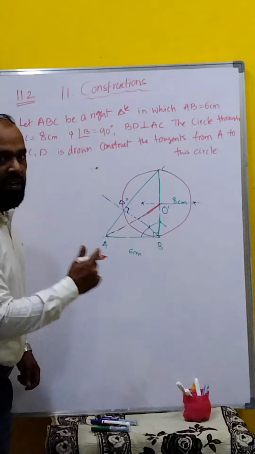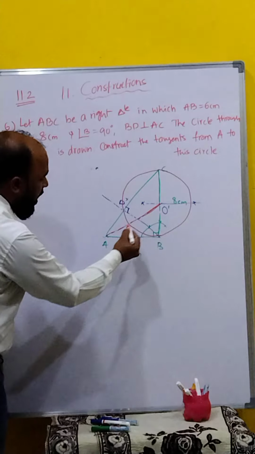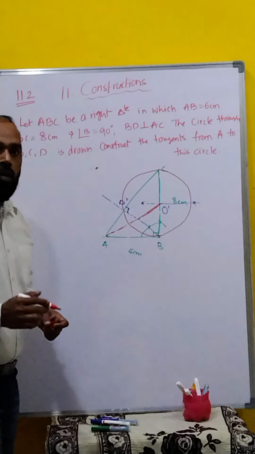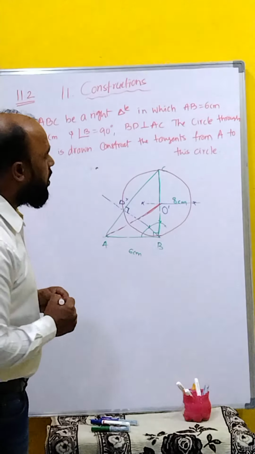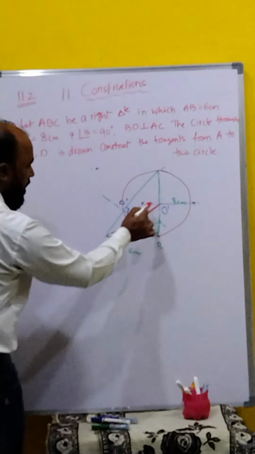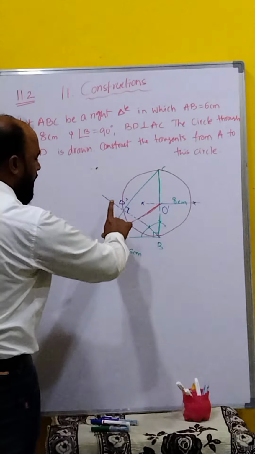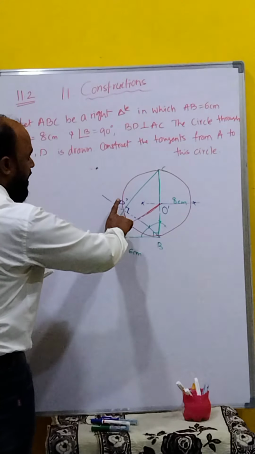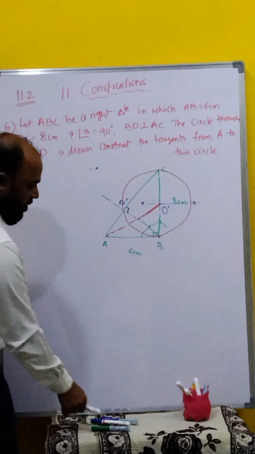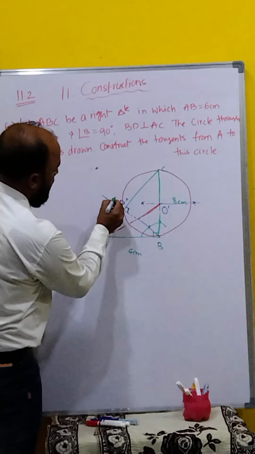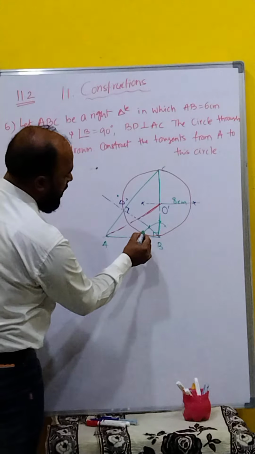After the circle, next we join O dash A. Now draw the perpendicular bisector of O dash A, again more than half. With A as a center and O dash as a center, draw the perpendicular bisector.